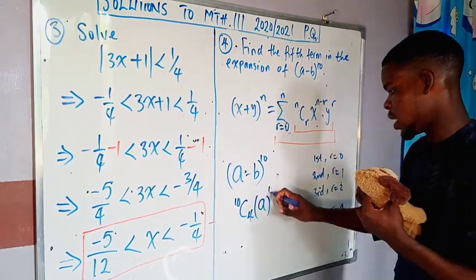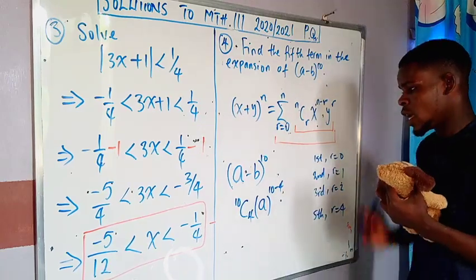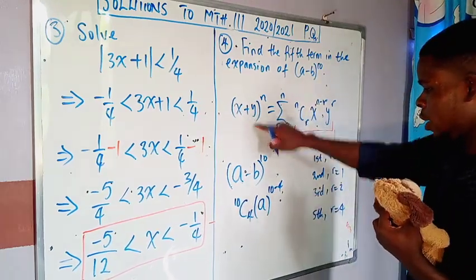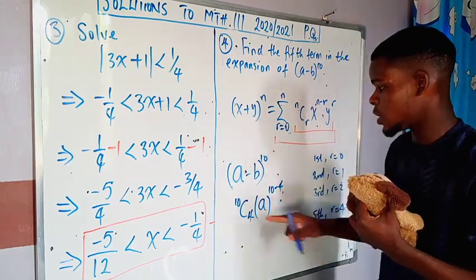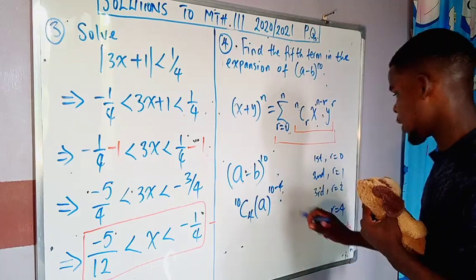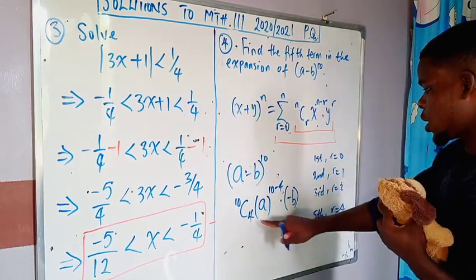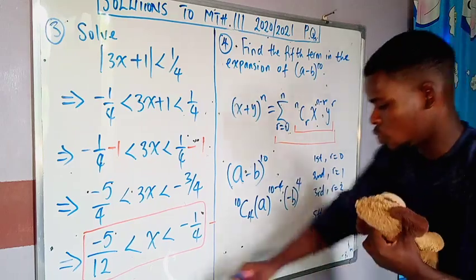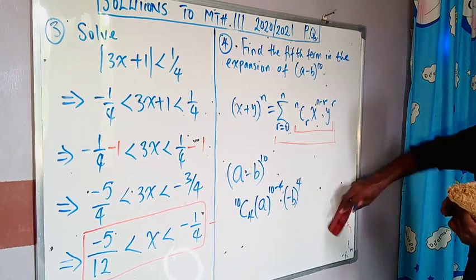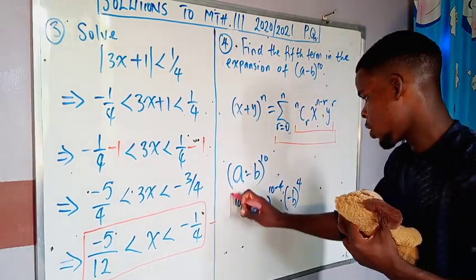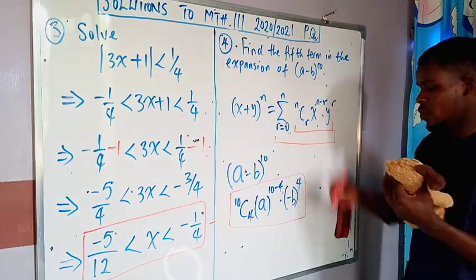In this case, it's going to be 10 minus 4. And we multiply that by the second term, which here is negative b. You notice this was positive, this is negative, because the b has a negative. So we call that negative b, and we raise it to the power r, which in this case is 4. Good, so maybe I will just clean this part. This is going to be the fifth term of the expansion.